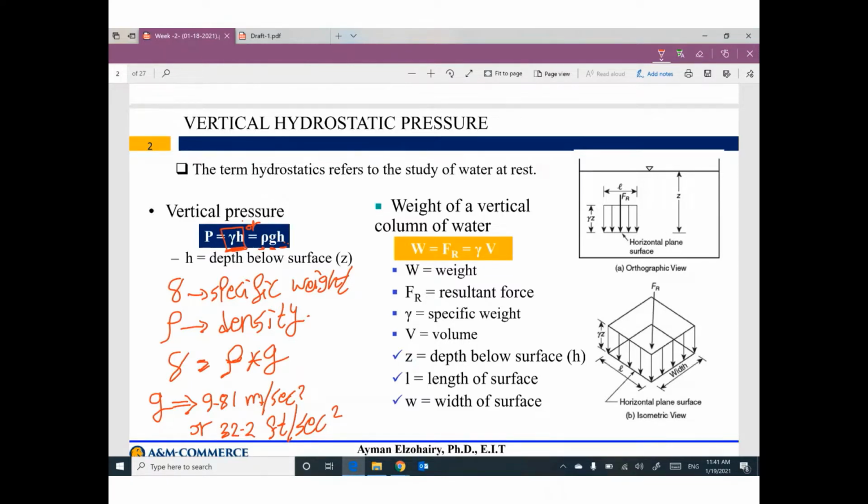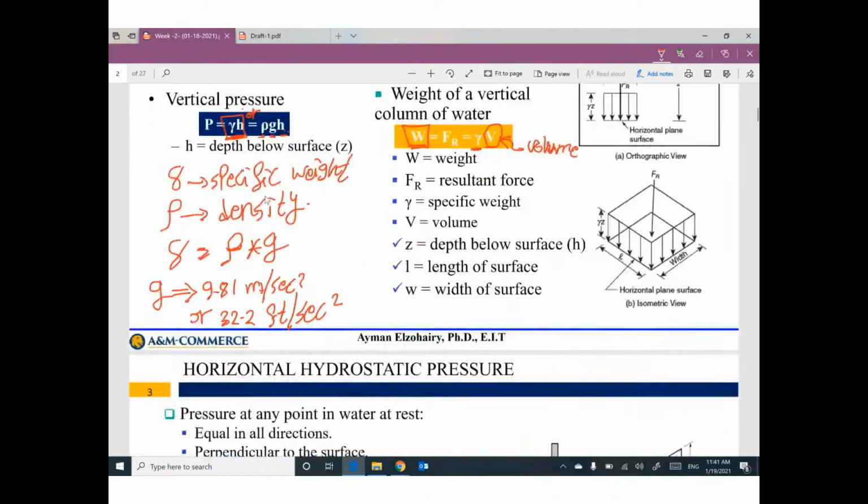If you would like to get the weight of any liquid or any material, it equals gamma V, where V is the volume, times gamma. You can get the weight of this liquid. So the term hydrostatics refers to the study of water at rest, studying water at rest without movement.